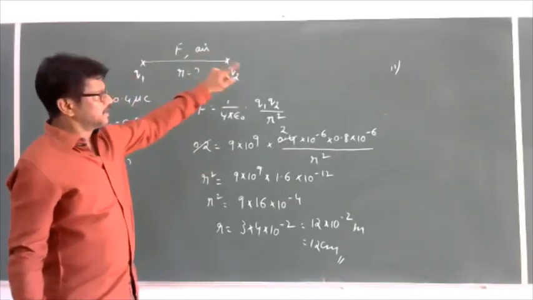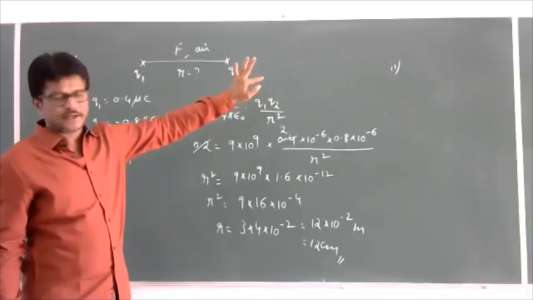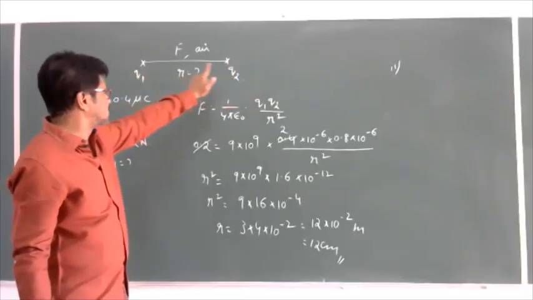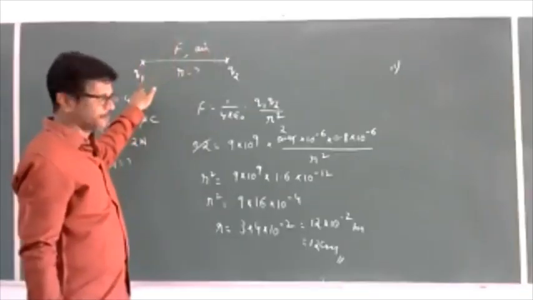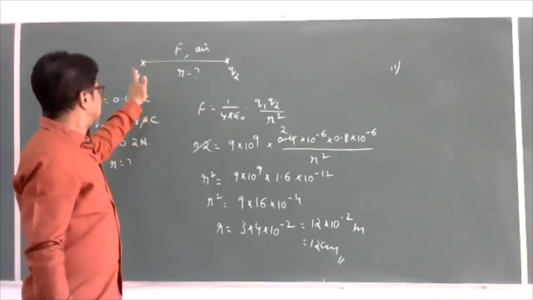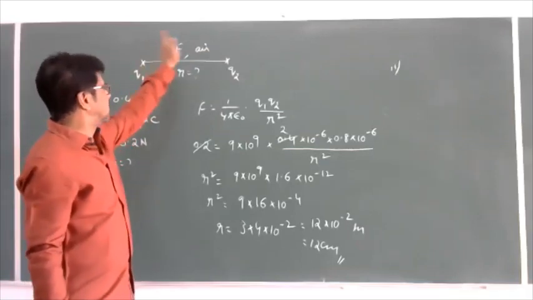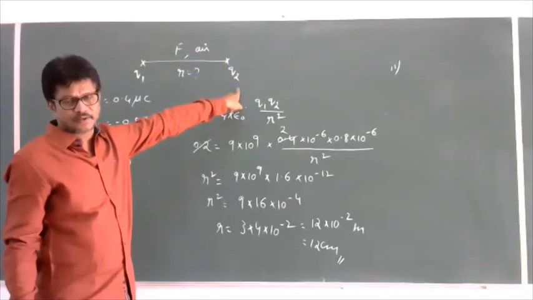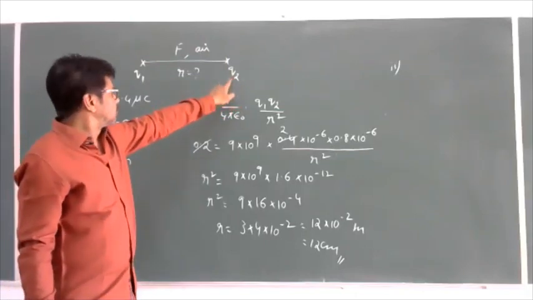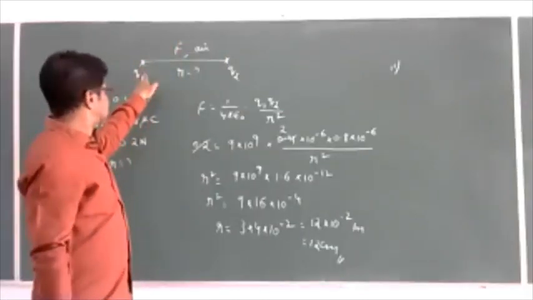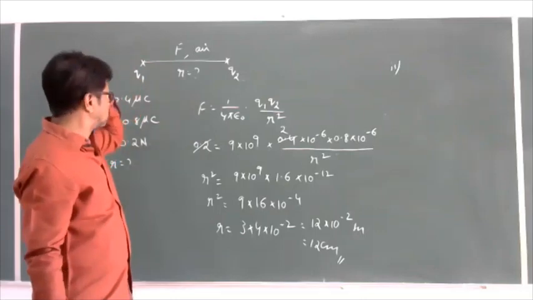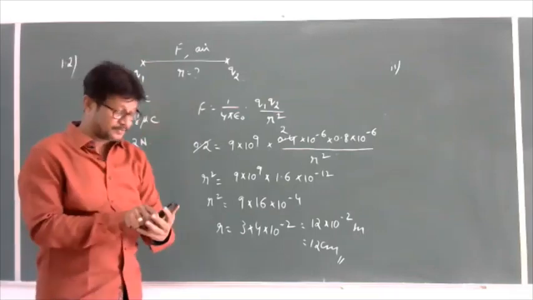So for every action, there is an equal and opposite reaction. In the same manner, how much force the second one will experience from the first, the same amount of force the first one will experience from the second.